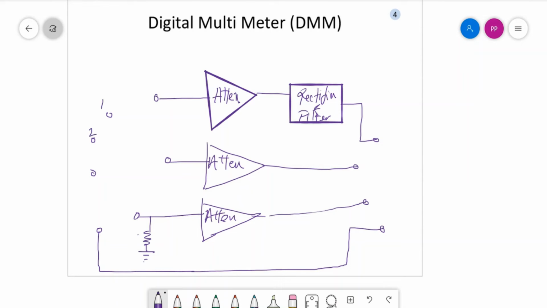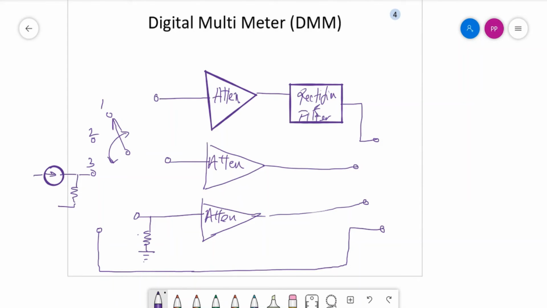This is 1, 2 and 3, and like this we can switch between the inputs, and the third one is the DC current source for measurement of current. So here I have mentioned about this.